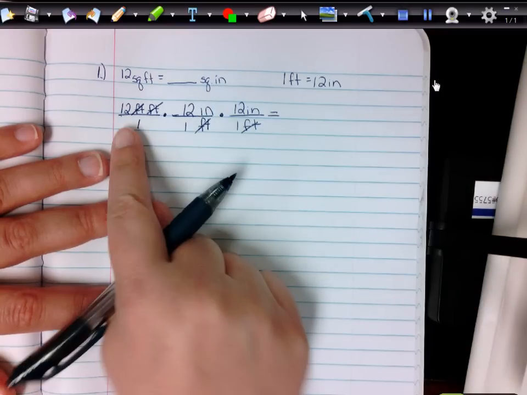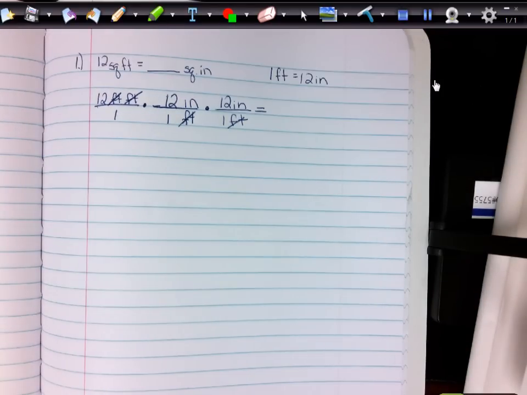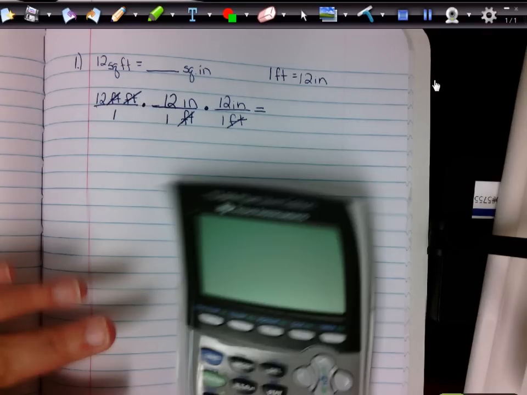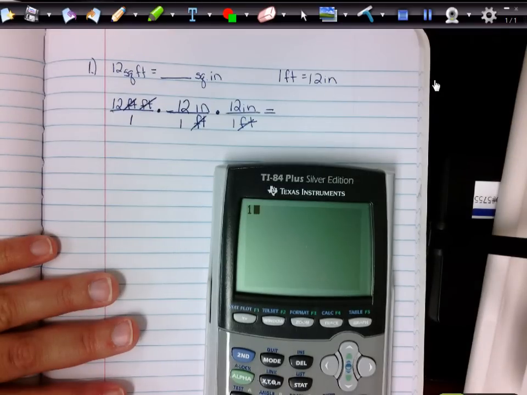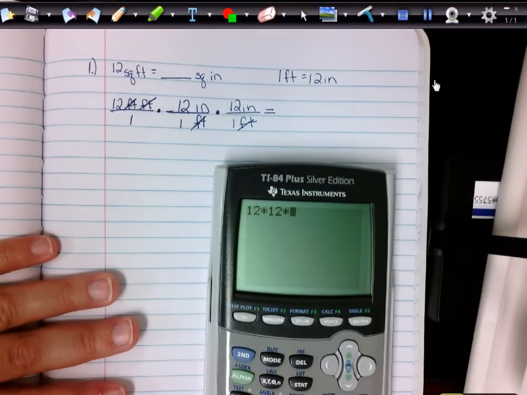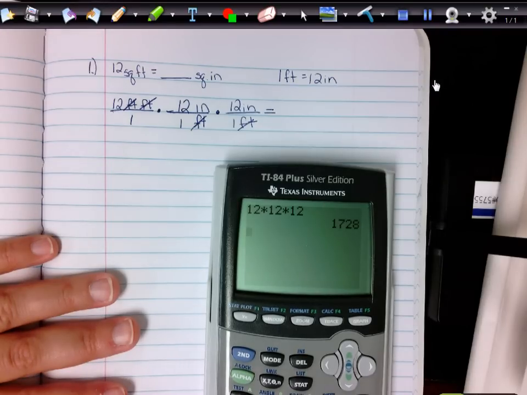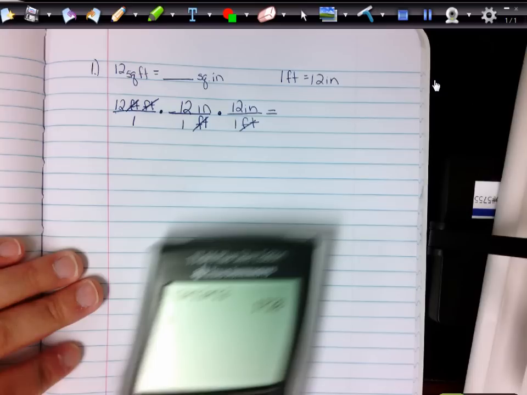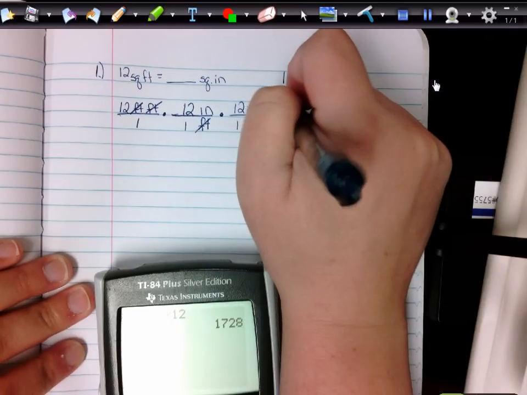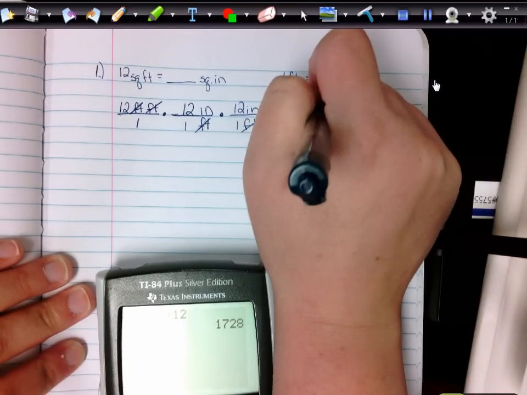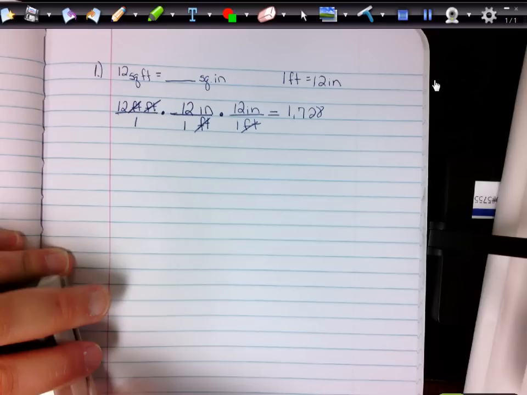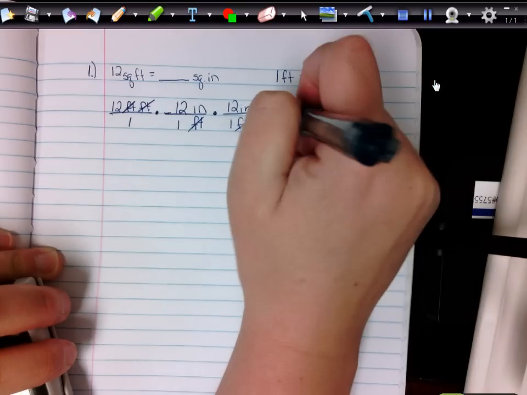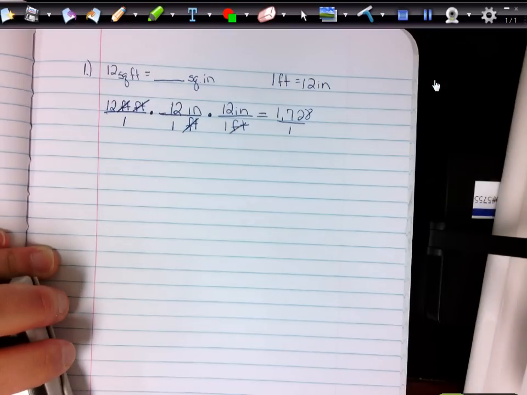It's just a matter of multiplying across the top and multiplying across the bottom. So I'm going to get my calculator. I'm going to say 12 times 12 times 12, and I get 1,728. Now, when I multiply on the bottom, I just have 1 times 1 times 1, which is just 1.